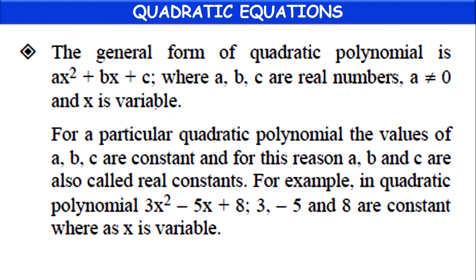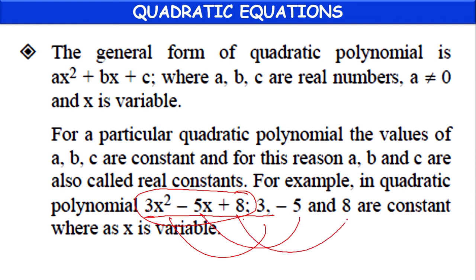So here a, b, c are constants. A, b, c are real numbers, or we can call them constants. So a, b, c are also called real constants. If you observe here, 3x square minus 5x plus 8, we have real constant 3 here, minus 5 here, 8 here.